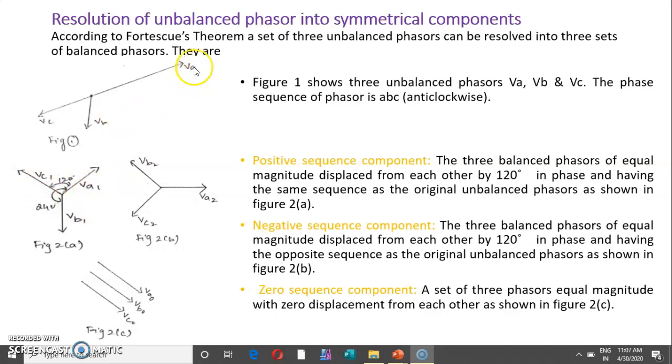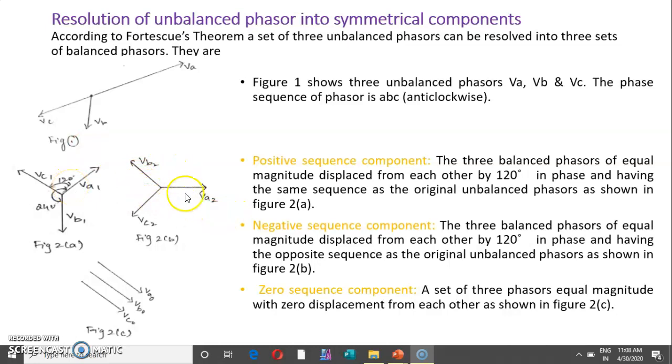Here the phase sequence is A, B, C; if I go clockwise, the same sequence A, B, C is maintained. So the definition: three balanced phasors of equal magnitude, displaced by 120 degrees in phase, and having the same sequence as the original.